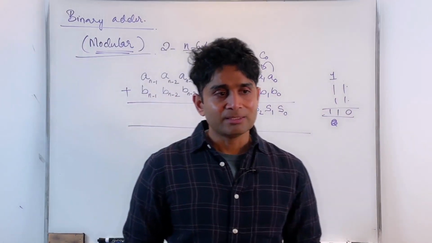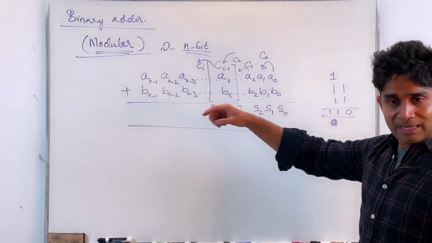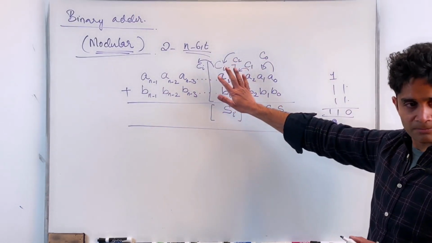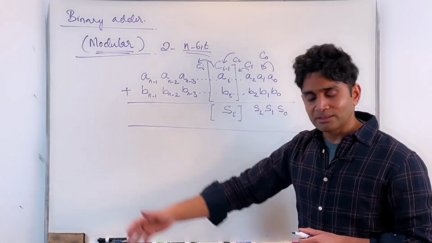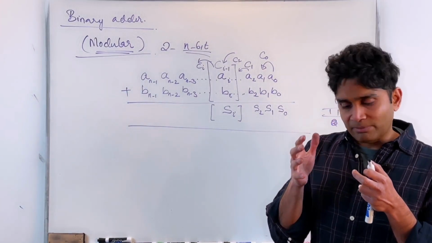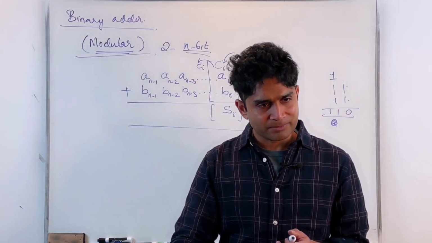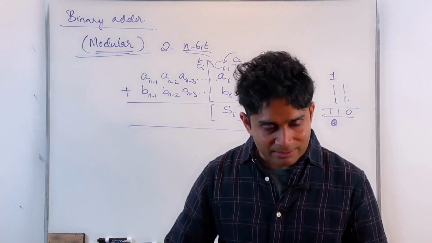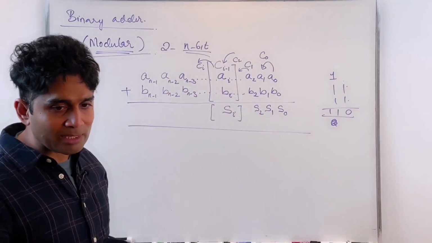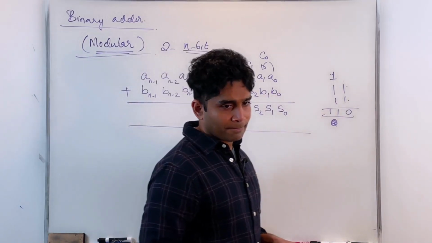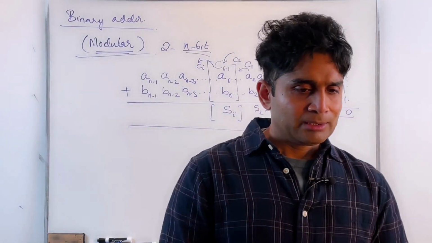What that means is, what if I can make this a module, a simple circuit that can perform just this operation, because every bit position performs exactly the same operation. I would construct that module, replicate it, copy and paste it, and then connect these modules together in whatever way possible to form this entire adder. So that's the design approach we will take now. I hope that makes sense. I hope you are with me until this point.